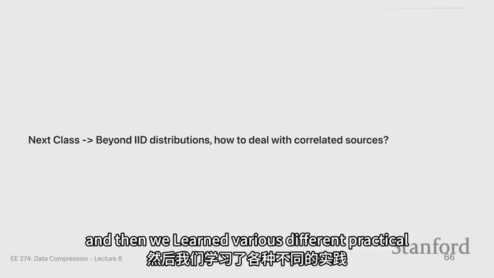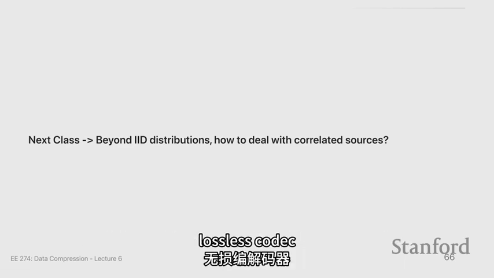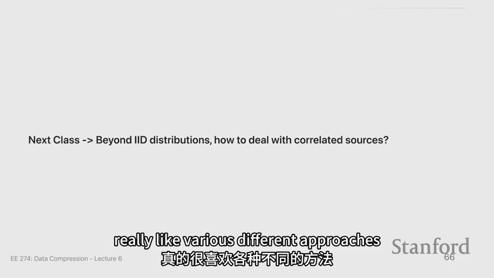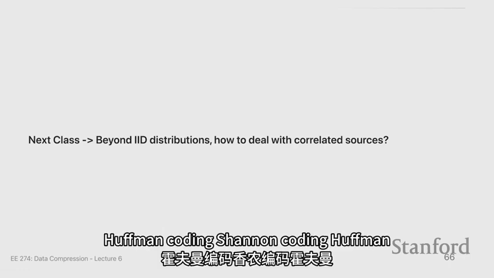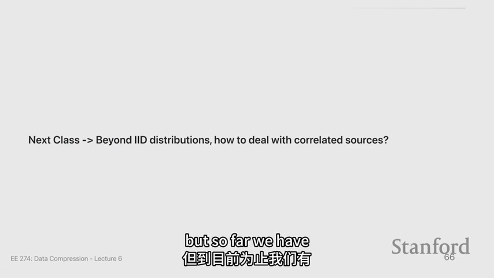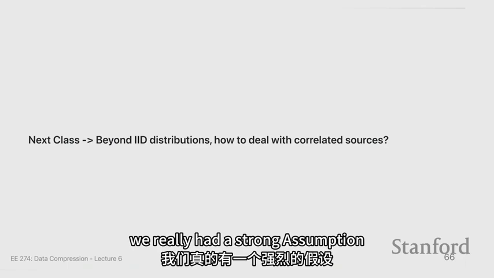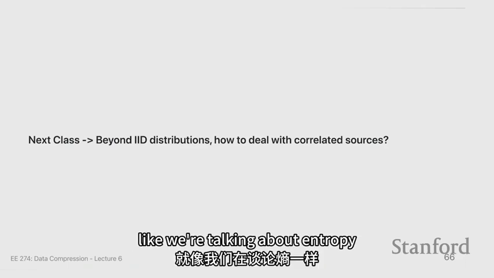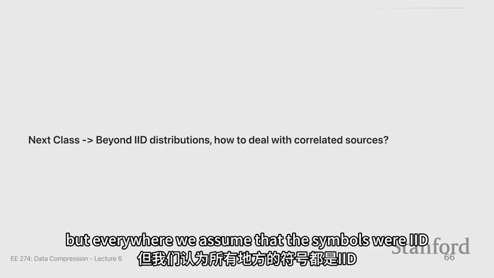And then we learned various different practical lossless codecs, really various different approaches: Huffman coding, Shannon coding, arithmetic coding, ANS. But so far, we really had a strong assumption: we are talking about entropy, but everywhere we assume that the symbols were IID.